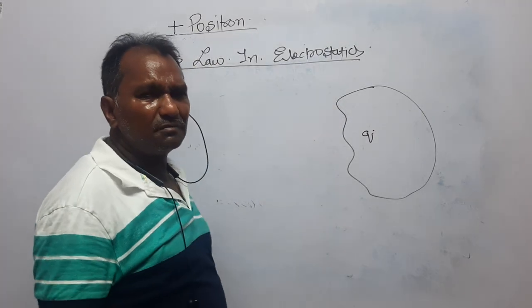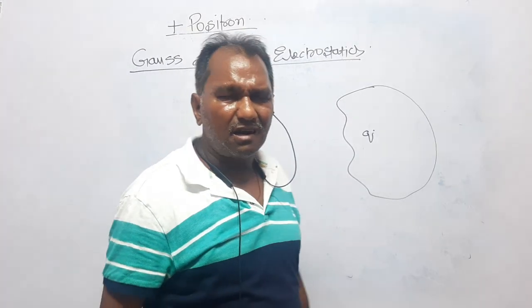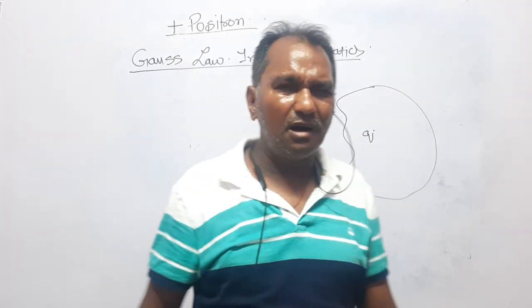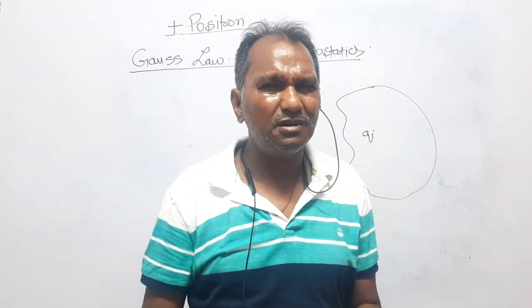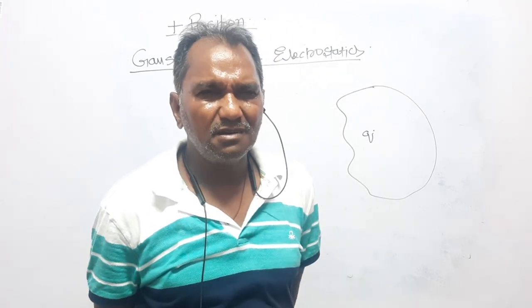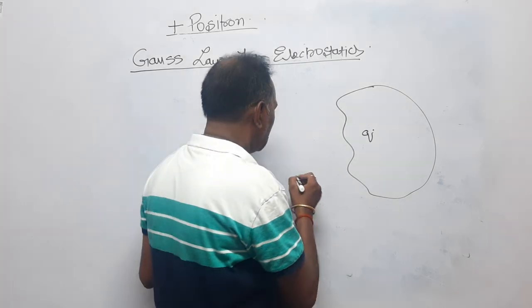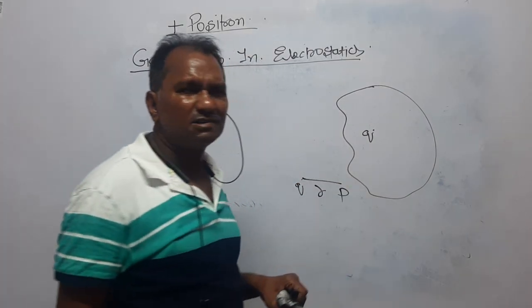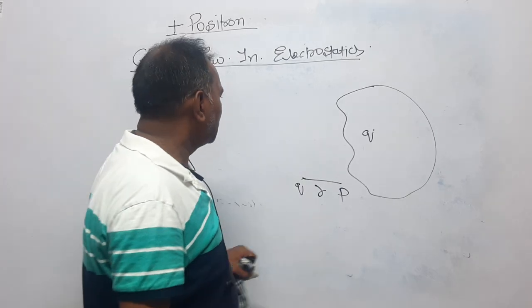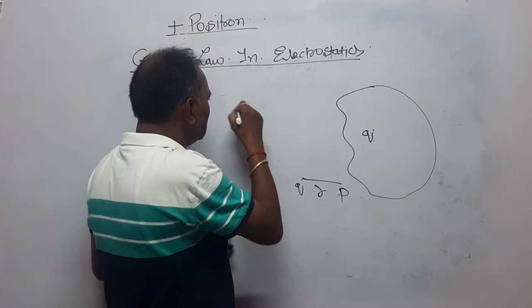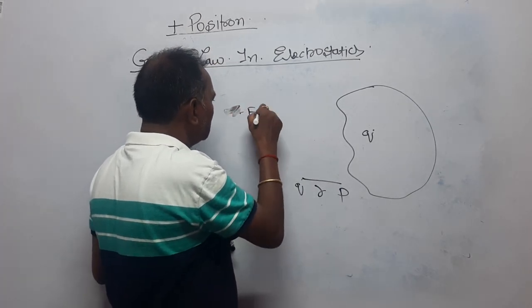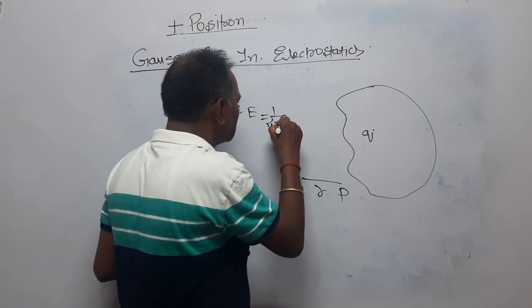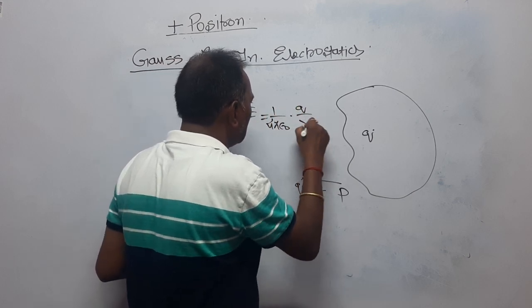Dear students, you must have studied Coulomb's law. Coulomb's law is, if a charge Q is placed anywhere, then at a point P at distance R from it, the field E is equal to 1 upon 4 pi epsilon naught Q upon R square.